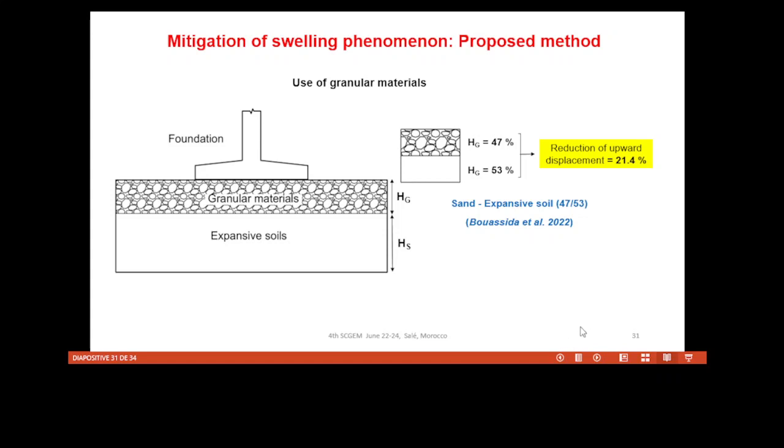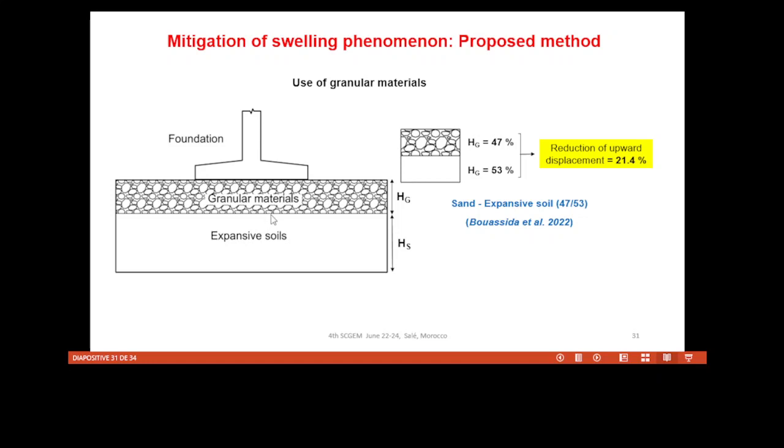What we suggested recently after this work, when we have a foundation to be built on expansive soils, the idea is to place a granular material over some thickness. And what is the benefit when the expansive soil is saturated?